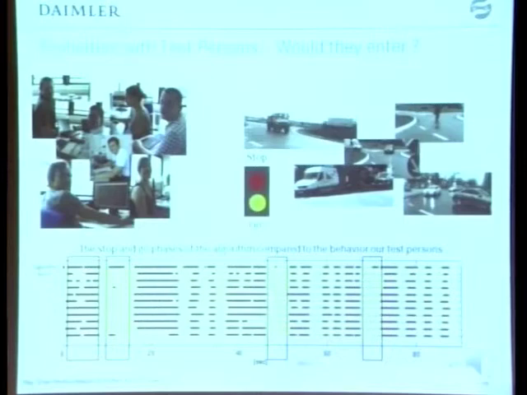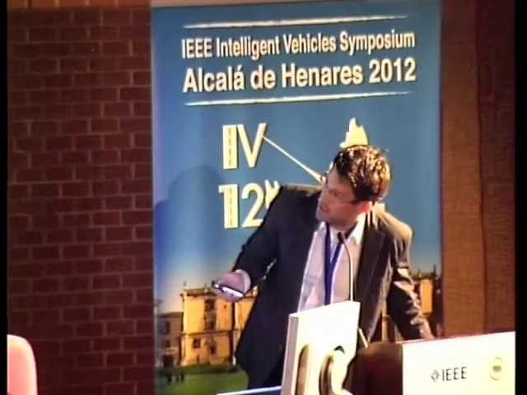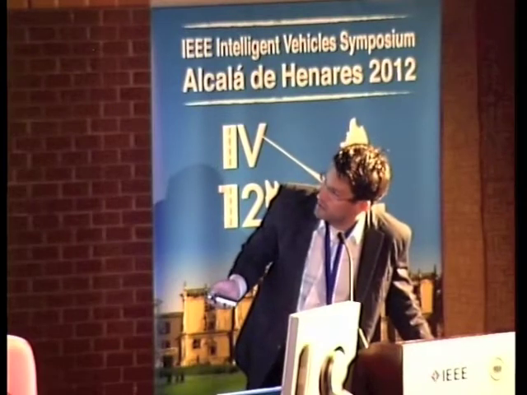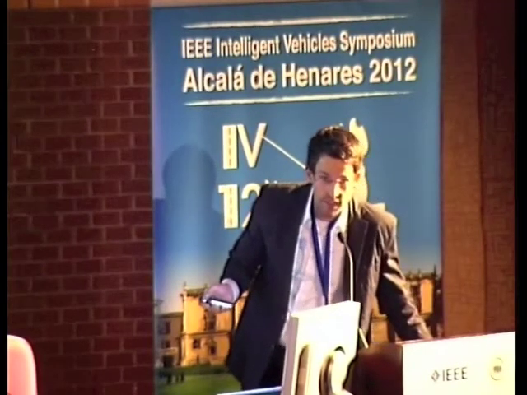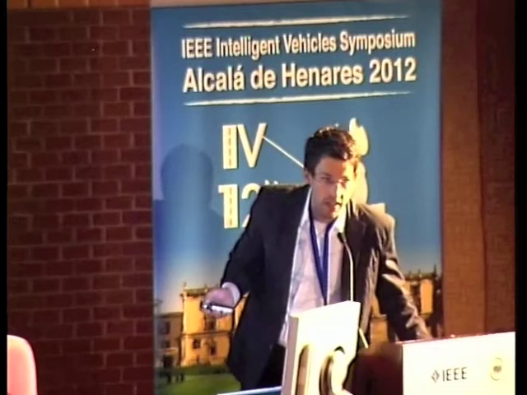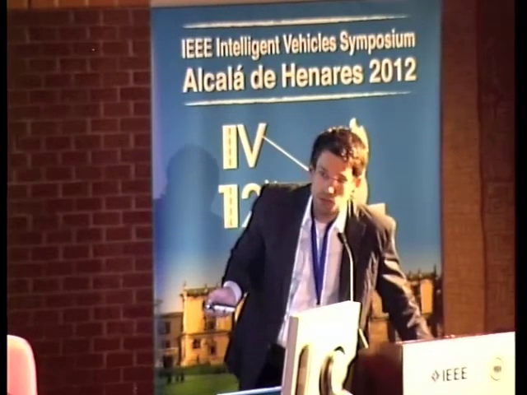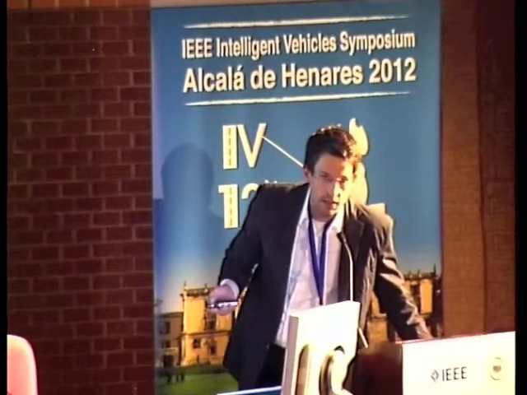Now we have some scenes where the algorithm doesn't correspond with the behavior of our test persons. You can see some red phases in contrast to the green phases. That's because the test persons recognized vehicles that pass or take exits.